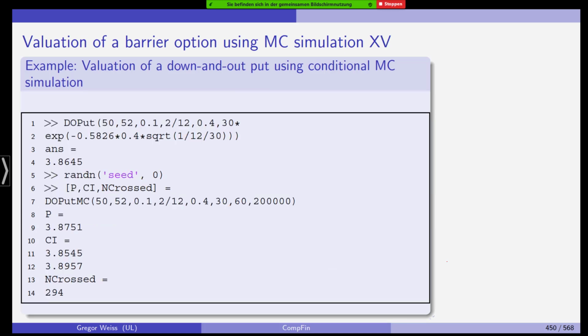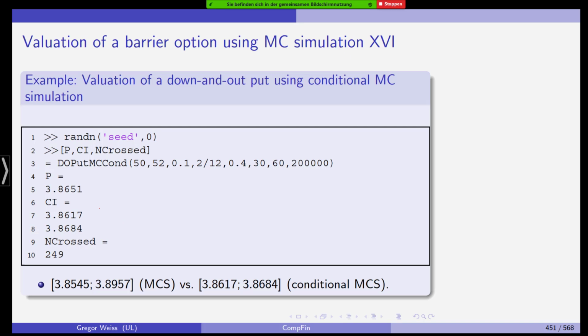Okay, now if we do this, the analytical down and out put gives us a price of 3.8645, and we get a price for the down and out put with Monte Carlo simulation of 8751, close enough. And you can see we have this 85, 89 confidence interval.